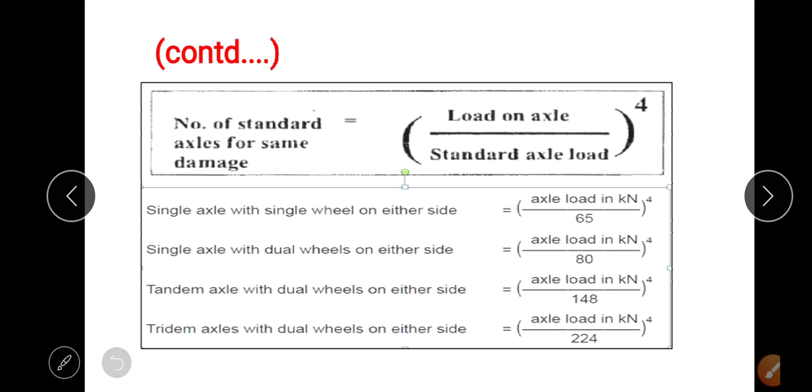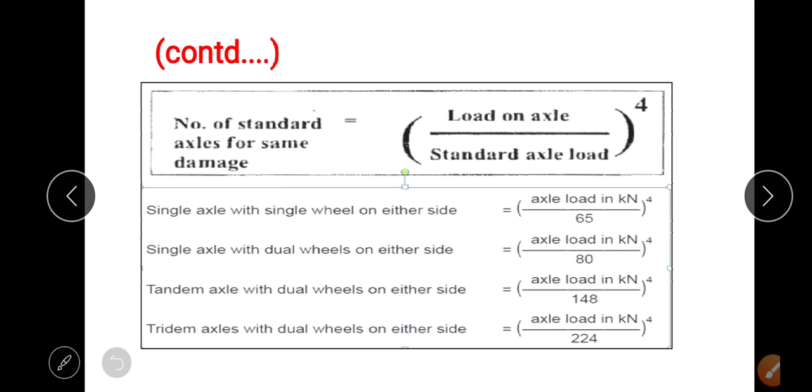So this formula you can read yourself. I will just say about the formula. Number of standard axles for the same damage is equal to the load on the axle, whatever it is, divided by the standard axle load that we have seen, whole to the power of 4. If it is a single axle with a single wheel on either side, you have to take this.